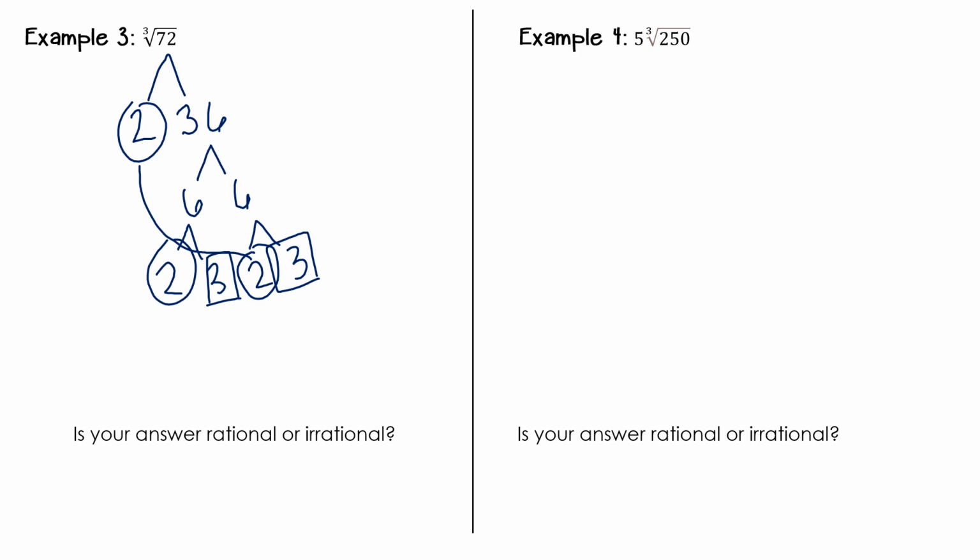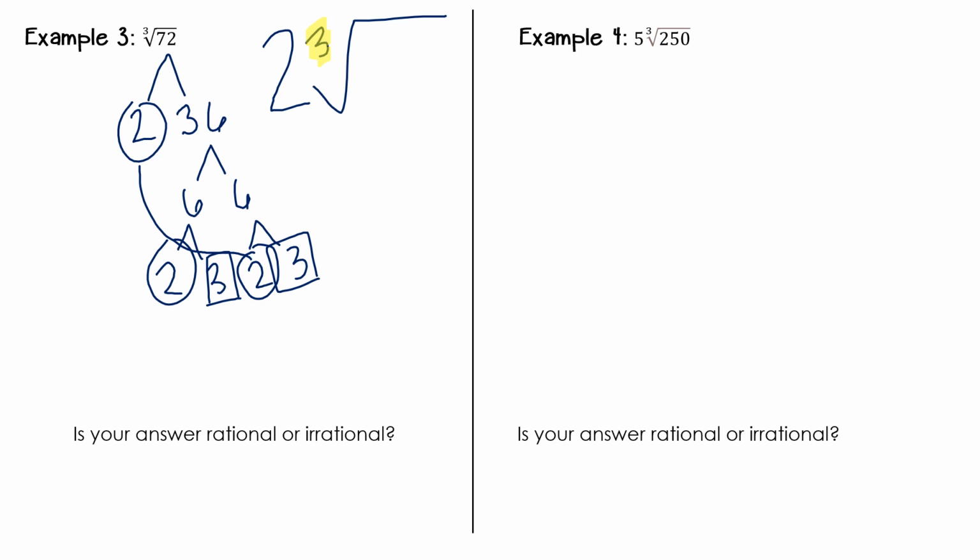Okay, so for my final answer, I would have the cubed root. Triples are going to go outside of the house, similar to couples going out. So I have a set of 3 2s that will go outside of the root. Make sure that when you are writing the cubed root that this 3 is small and it doesn't look like a coefficient. It doesn't look like it goes in front of the radical.